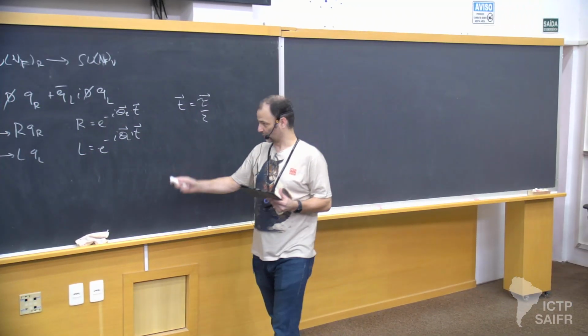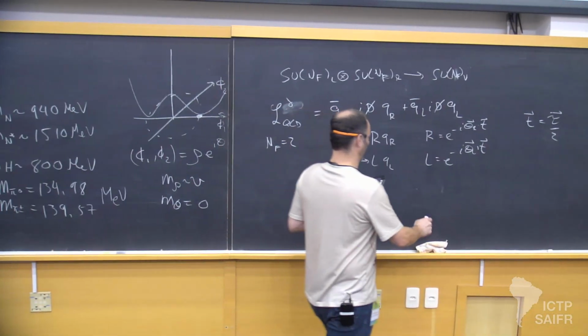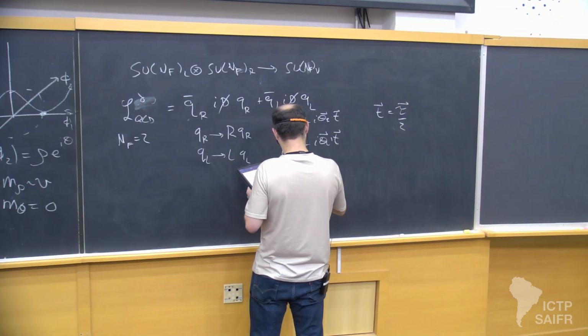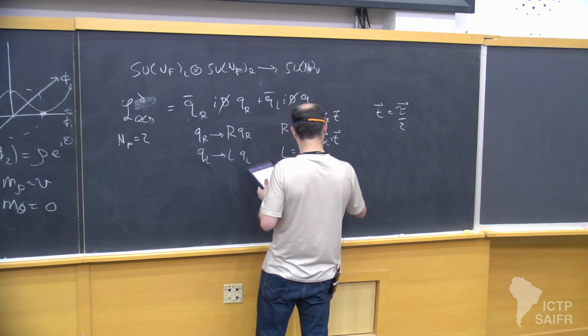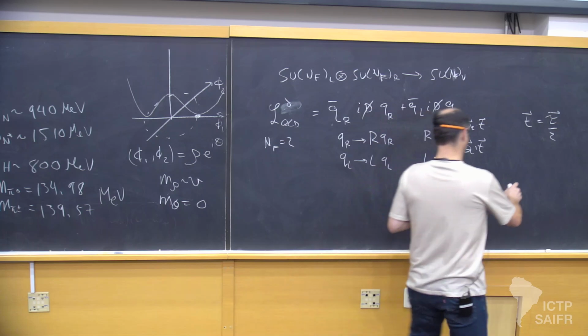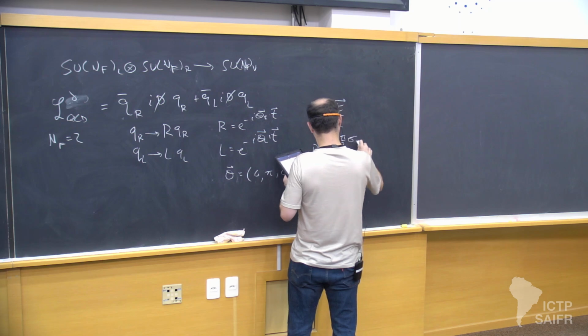So, for example, what is a particular rotation you can imagine? Consider rotation angle theta. Here, I won't specify if it's left or right, but consider theta as (0, pi, 0). And so what does this mean? Then our rotation, say a right-handed rotation, would be e to the i pi over 2 times sigma 2.